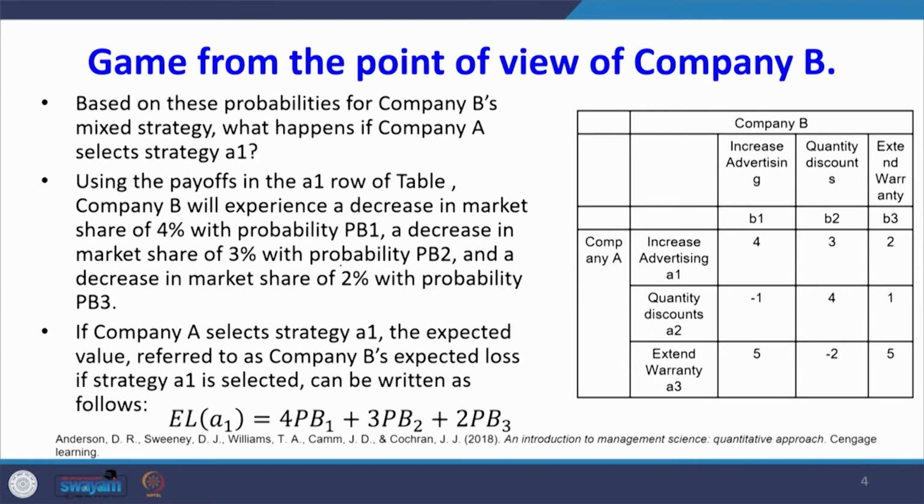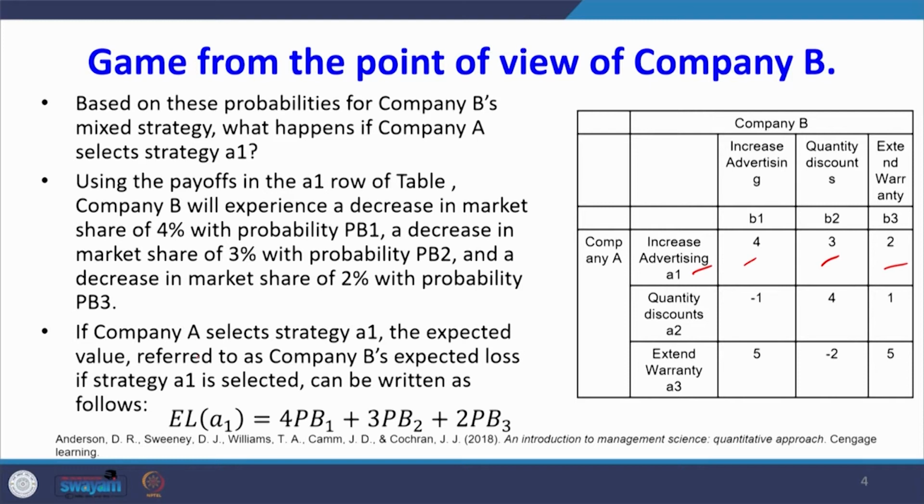Based on these probabilities, for company B's mixed strategy, what happens if company A selects strategy A1? If company A goes for A1, what happens to B? Using the payoff table in the A1 row, company B will experience a decrease in market share of 4% with the probability of PB1, a decrease of 3% with the probability of PB2, and a decrease of 2% with the probability of PB3.